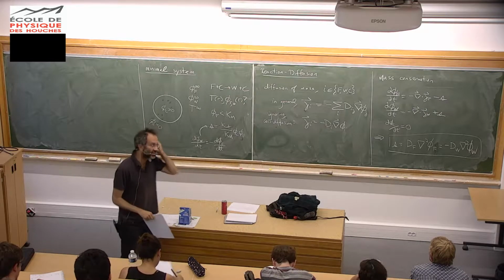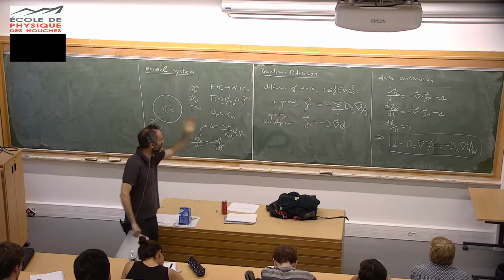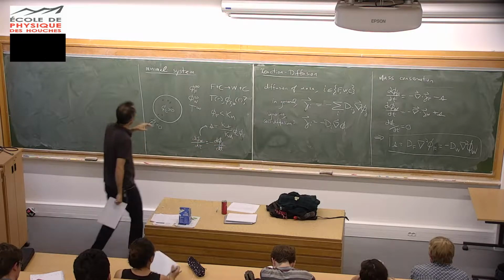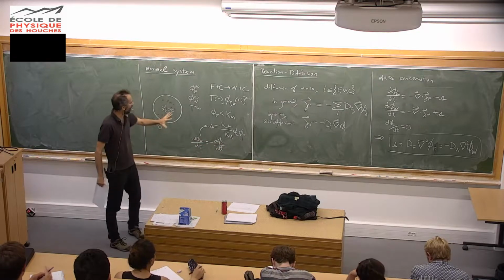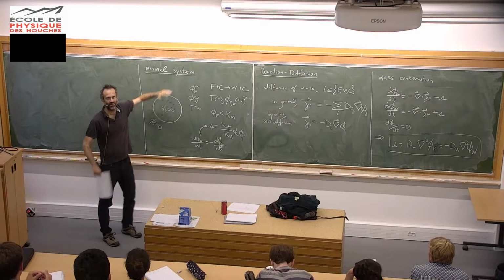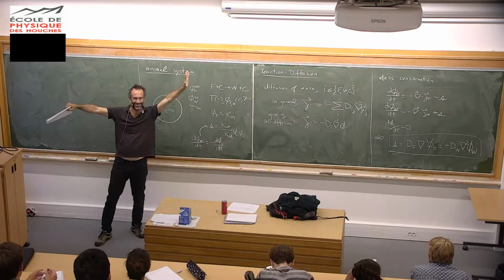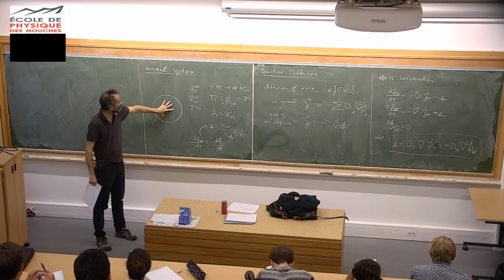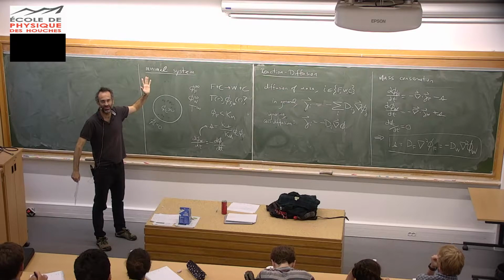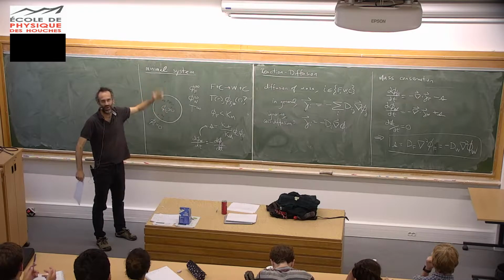Why the catalyst doesn't change? Because I'm forcing it to not change. Why would the catalyst change? First of all, it could diffuse out of this domain, but I'm saying it's not allowed to diffuse out of that domain. If I start off with some homogeneous distribution, there's no reason why it would ever change.